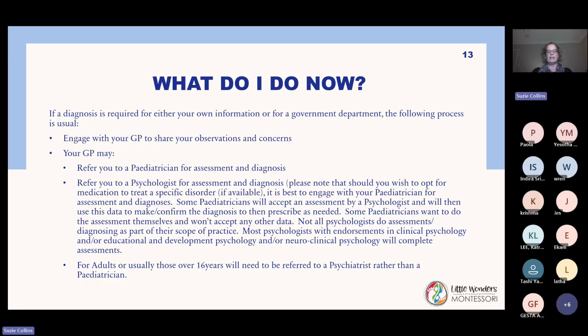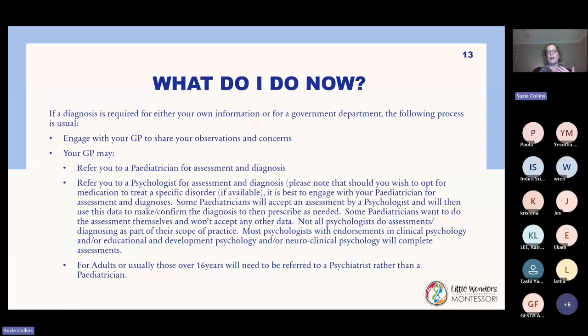But there's a couple of disclaimers that go with referring to a psychologist. The first one is, if you are seeking a diagnosis that can be supported or treated with medication, and not all of them are, it's probably best to engage directly with the paediatrician for the assessment and diagnosis. That's because some paediatricians won't accept a diagnosis from a psychologist.